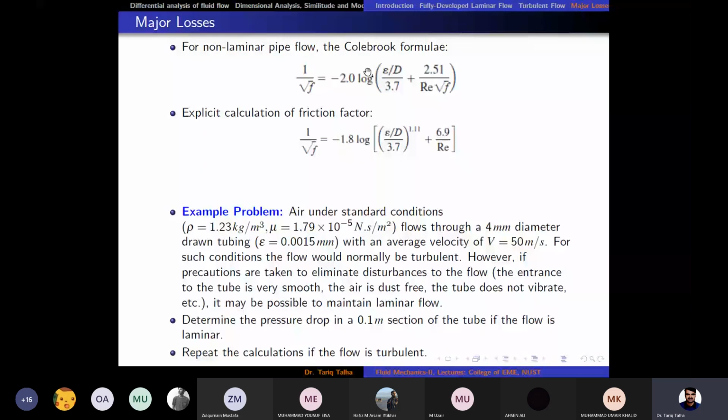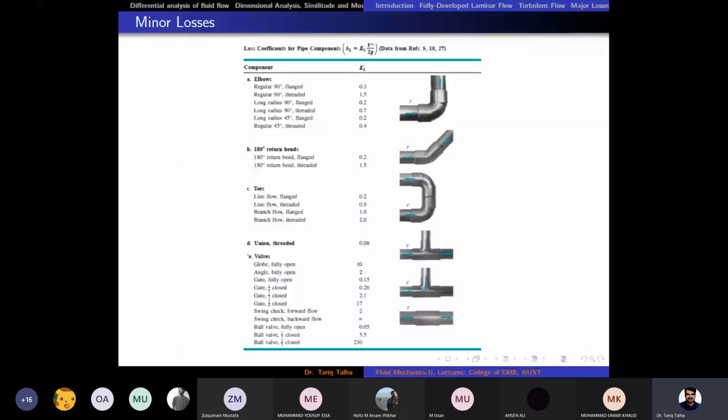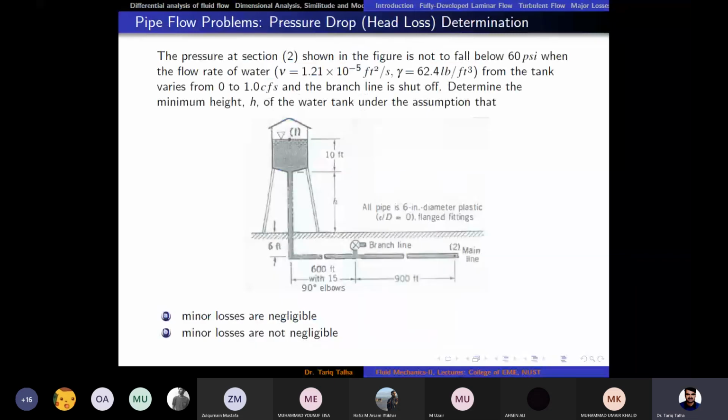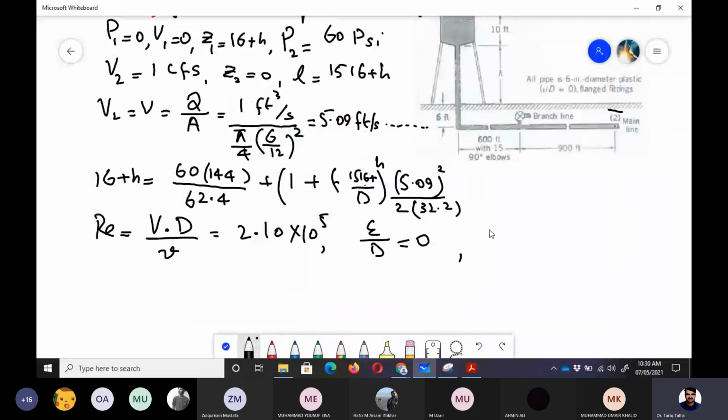So let me take you back to the problem. As I have shown you on the Moody chart, that comes out to be 0.0155. So this value can be calculated from the Moody chart or the Colebrook relation, which are on the next slide.